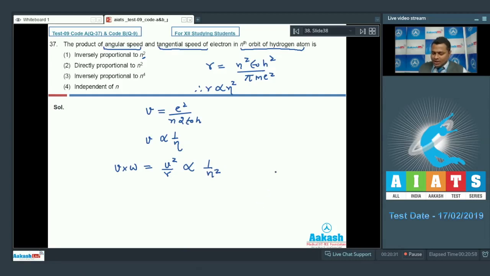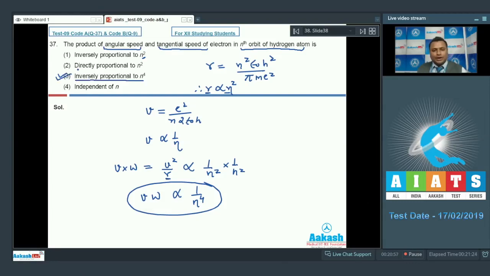Now r is proportional to n square, so 1 by r will be proportional to 1 by n square. So as a result we got v into omega proportional to 1 by n to the power 4. This is our final expression, and if we go through the options we will find that the third option is matching, inversely proportional to n to the power 4. So this was question number 37.